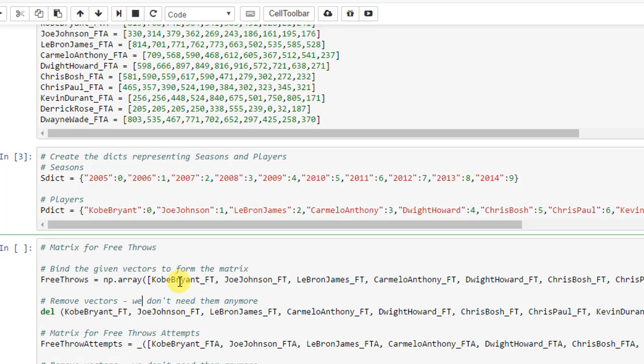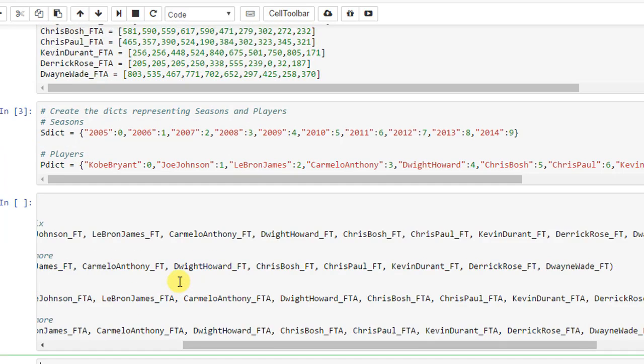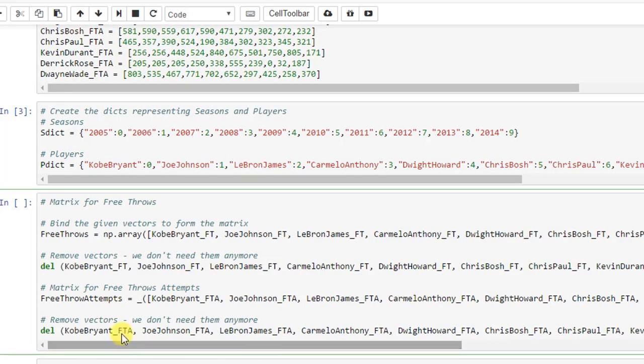So here we have built the matrix, the array of arrays, and then we don't need each individual array anymore, so we can remove them from the kernel. So we'll delete all the one-dimensional arrays.